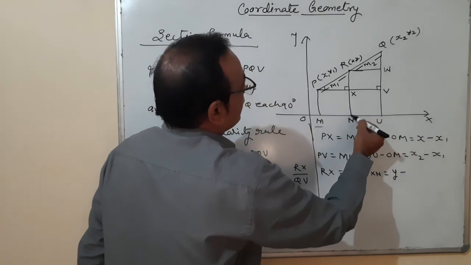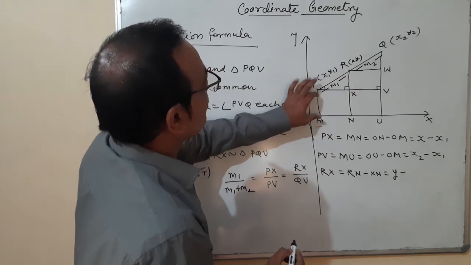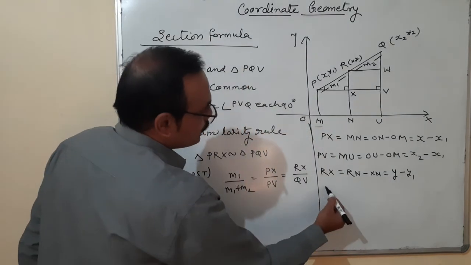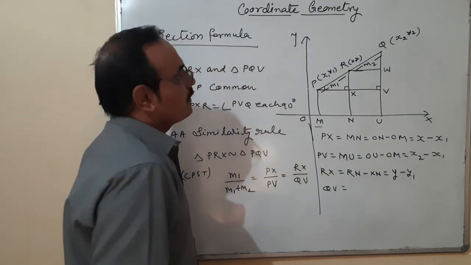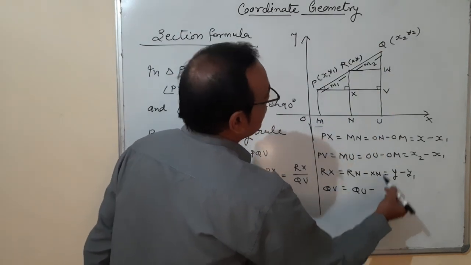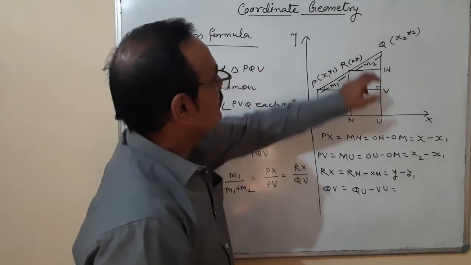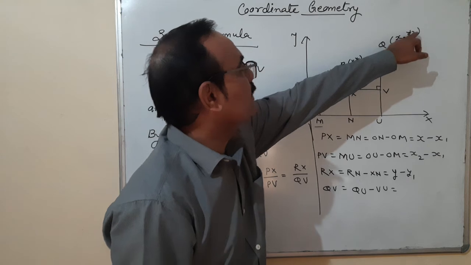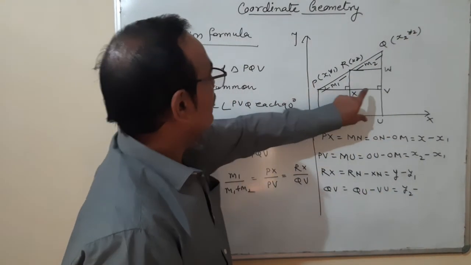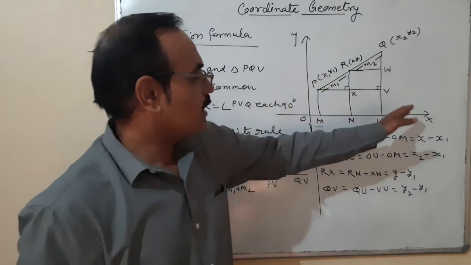XN is equal to PM, that means y1. So y minus y1. And last is QV. QV is equal to QU minus VU. QU, the total length, is y2, minus VU, which is y1. So these are the values.